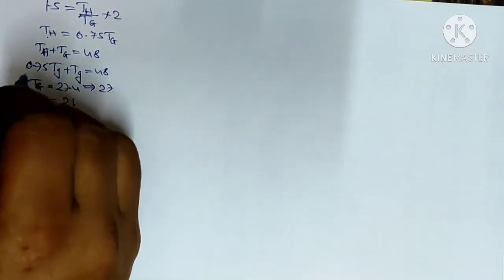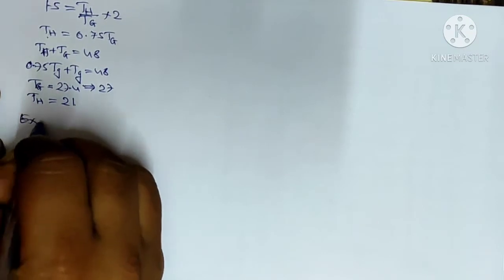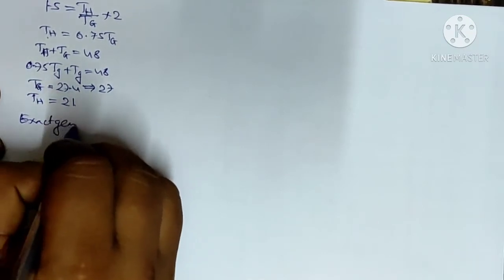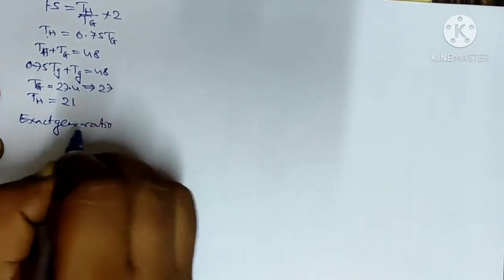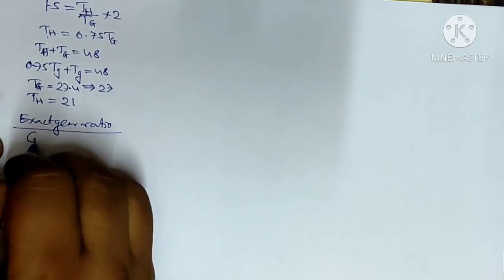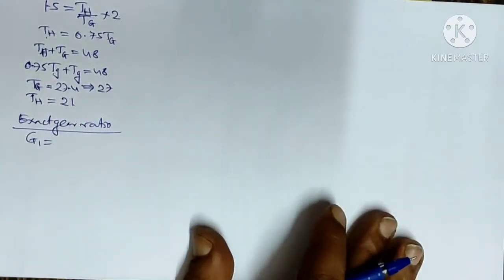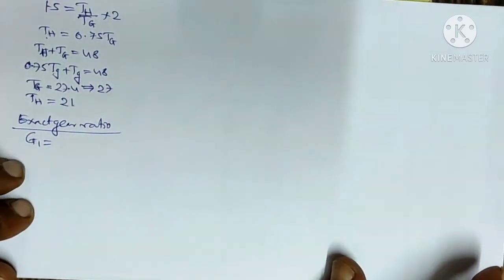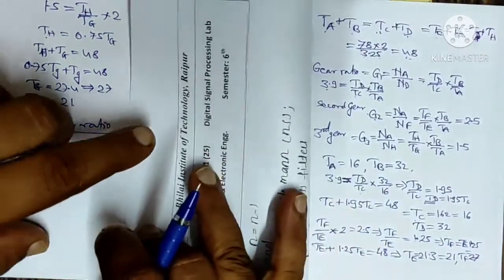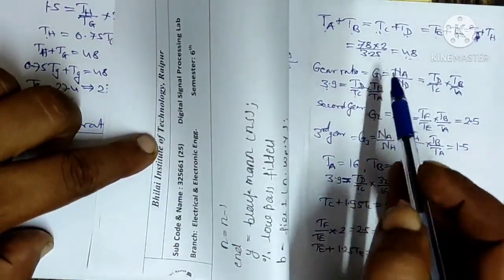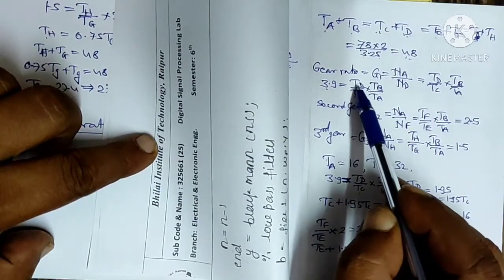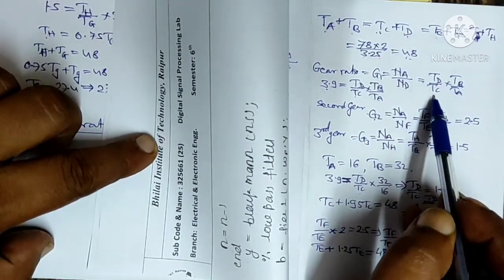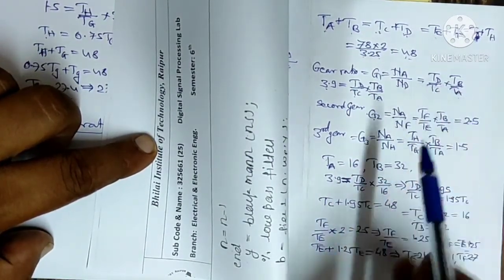So we will find out the exact gear ratio. For the first gear, as we had solved, it is TD upon TC into TB upon TA.